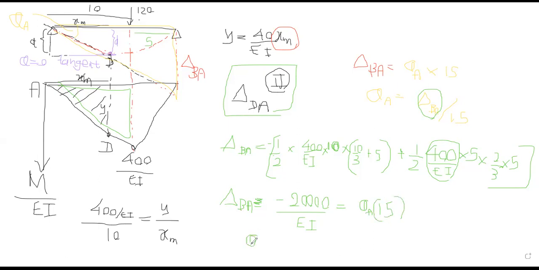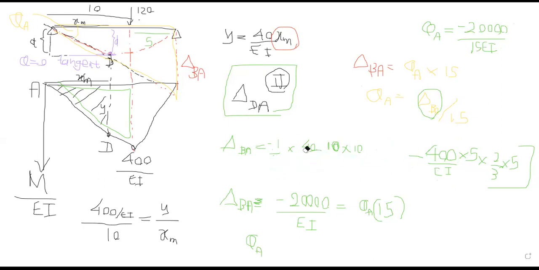So theta A is, so we write theta A is minus 20,000 over 15 EI, right? We found that.